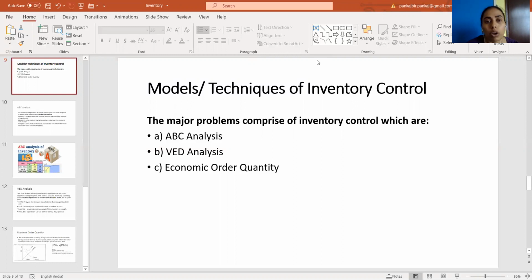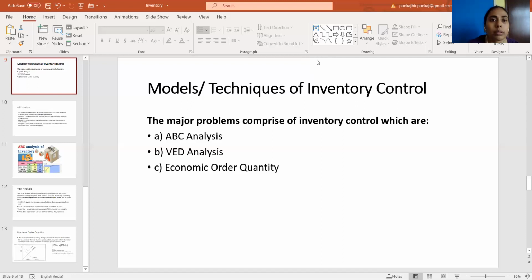What number or amount of order of a commodity results in minimum cost to your organization? So on the basis of these two problems, there are three kinds of techniques.